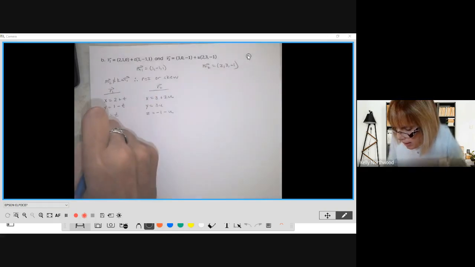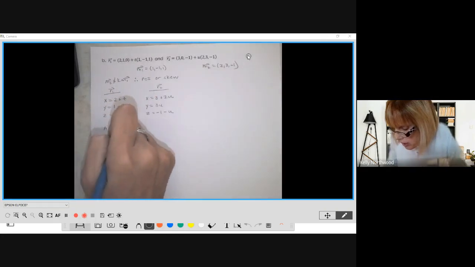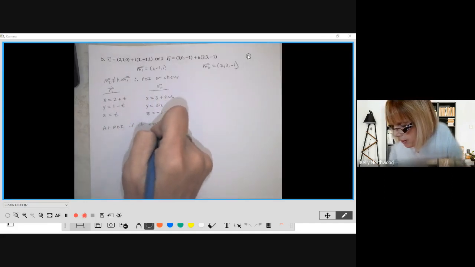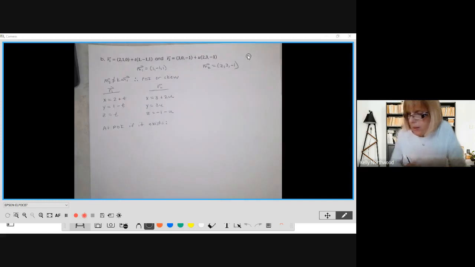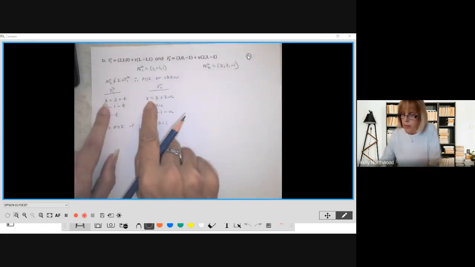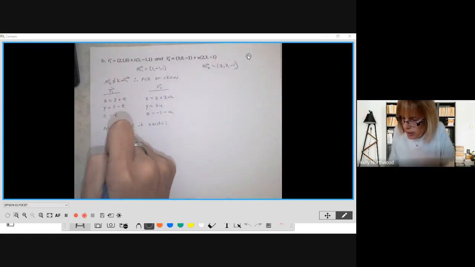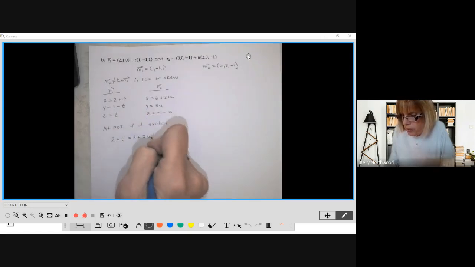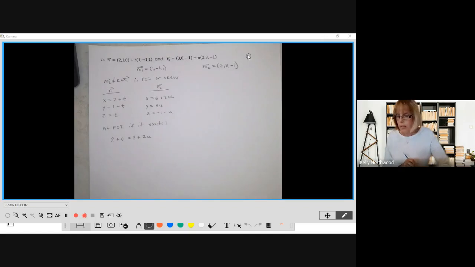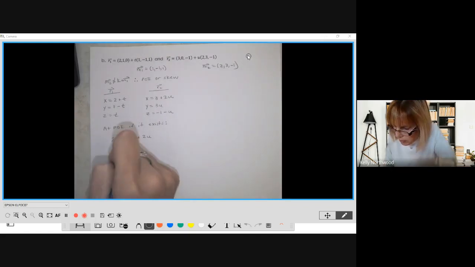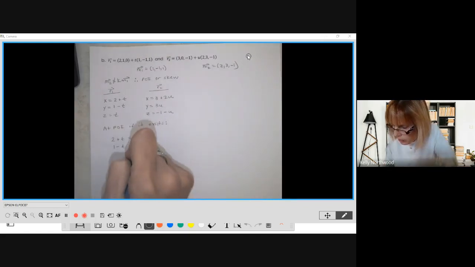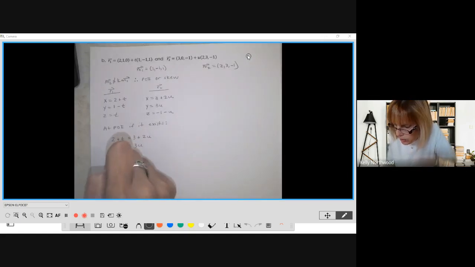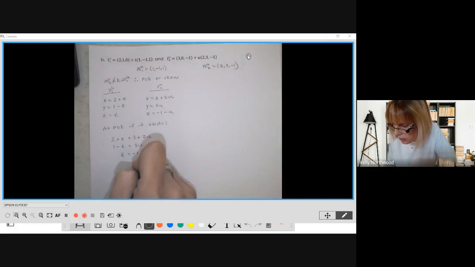And then we say at the point of intersection, if it exists, because it may not, the x values would be equal. So 2 plus t would equal 3 plus 2u. The y values would be equal, so 1 minus t would equal 3u. And the z values would be equal, so t would equal -1 minus u.